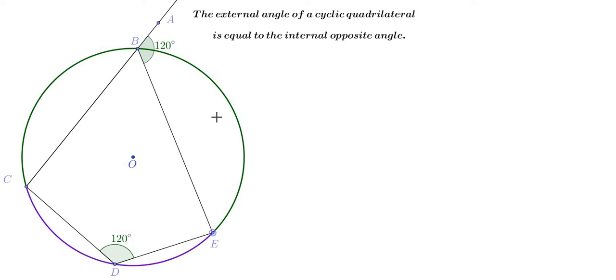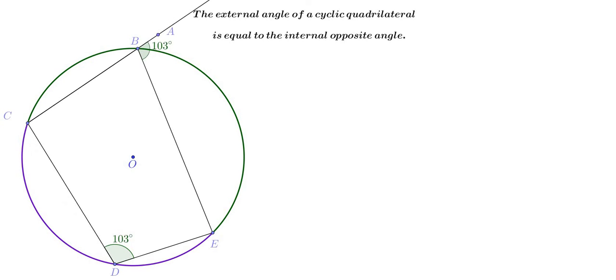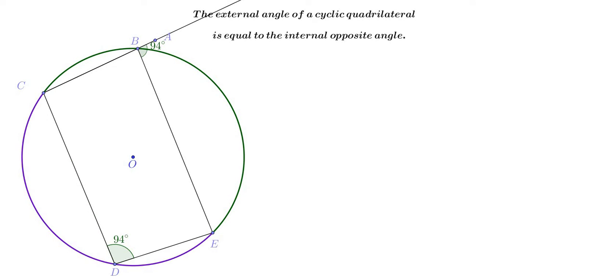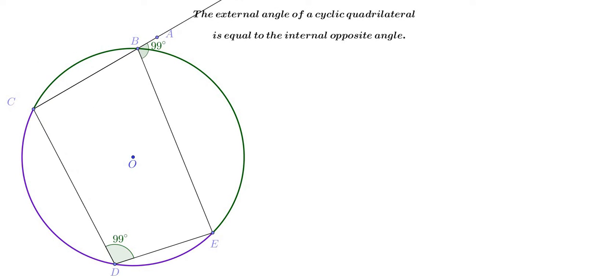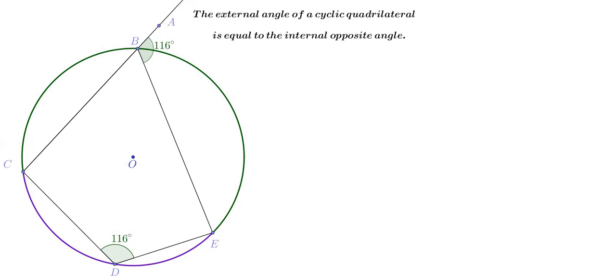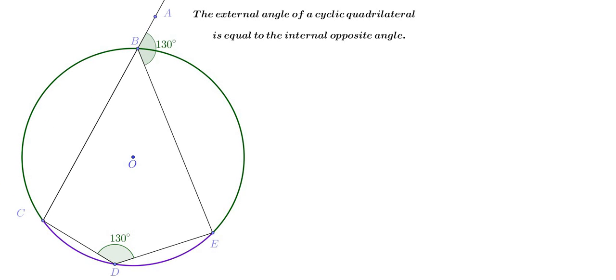And of course you know it's a cyclic quadrilateral because the vertices of the quadrilateral touch the circumference of the circle. So changing them slightly, you can stop it at any time and see that the external angle is always equal to the internal opposite angle.